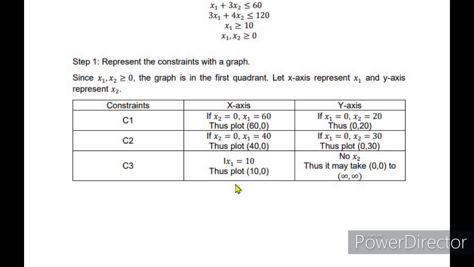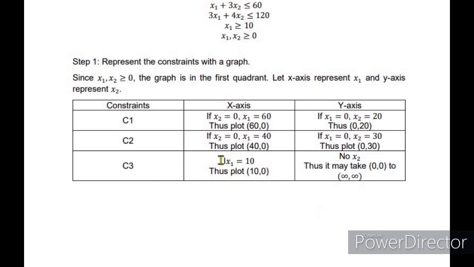Then just do the same with constraint 2 and constraint 3. But here in constraint 3, there is no x sub 2. Thus, it may take 0, 0 to infinity, infinity, because there is no given x sub 2. Only x sub 1. So this is x sub 1 only.